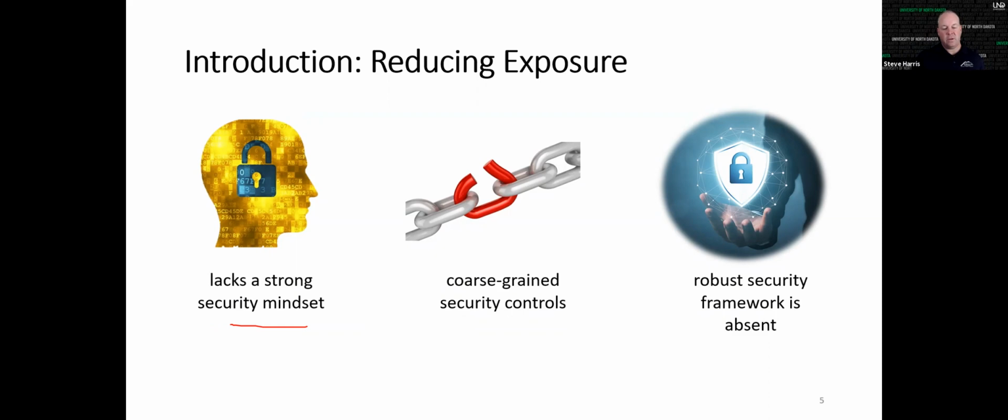Folks sometimes take security for granted with these networks. It uses traditional coarse-grained security controls like firewalls or intrusion detection systems, not quite designed for edge computing. And it lacks a robust security framework. This is absent. So these are 3 areas that we're going to show in our research how to strengthen.